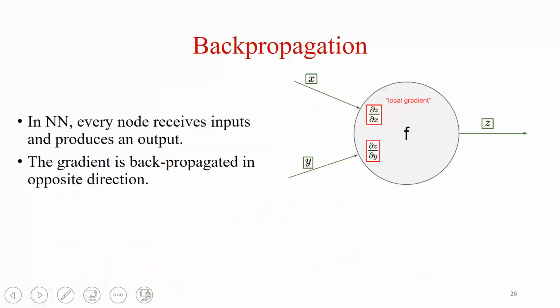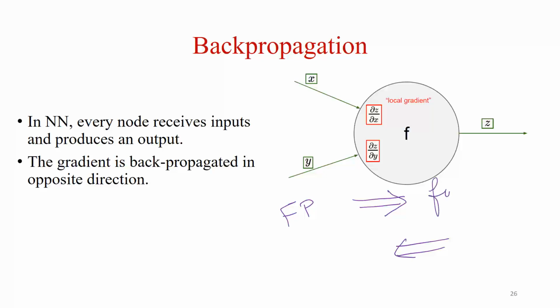So here is the backpropagation main idea as we illustrated. Going this way is the forward pass or forward propagation, which is used to compute functions. And going back here is the backpropagation, and this is to compute the derivatives using the chain rule.